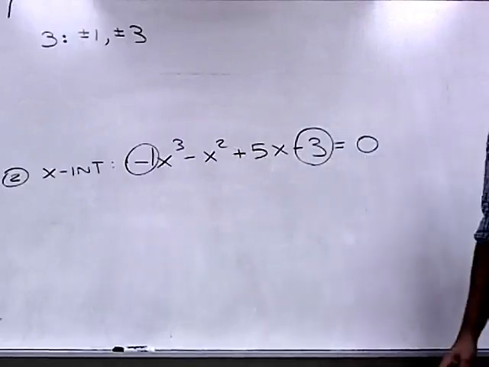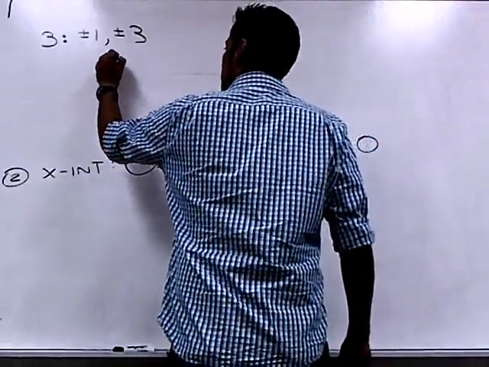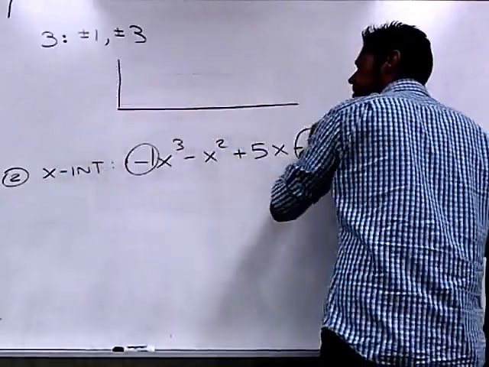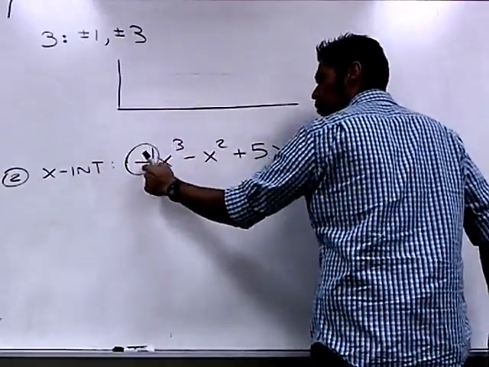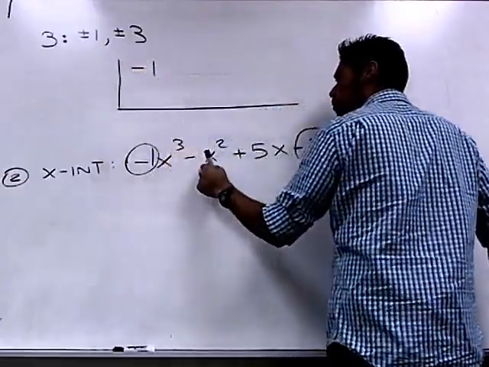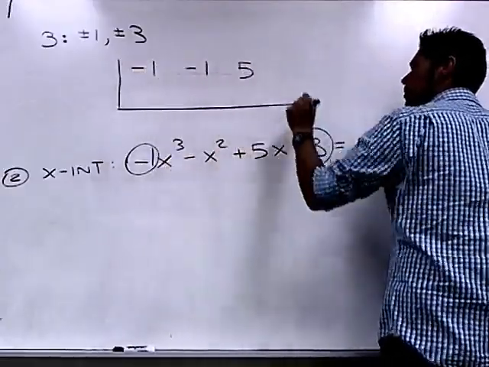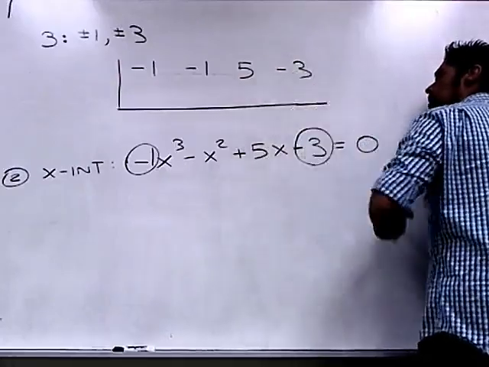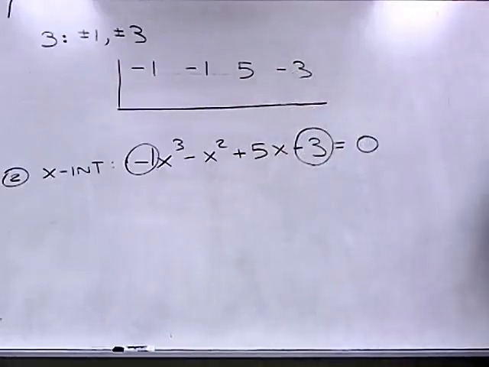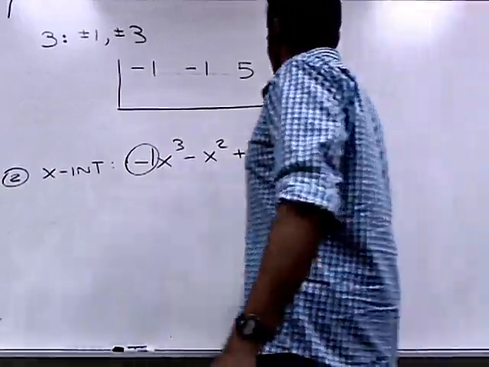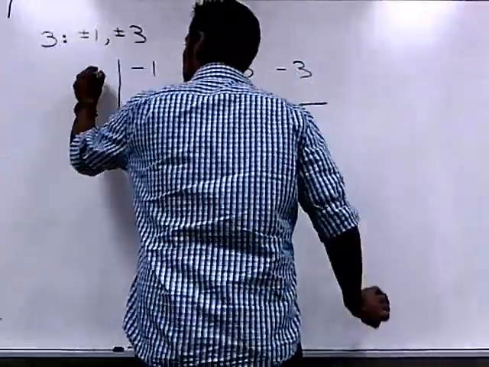Now we go straight to the synthetic division. Inside the synthetic division box, I put -1, -1, 5, -3, right? And what number do I start with there? 1? Okay, let me start with 1. See if 1 works.